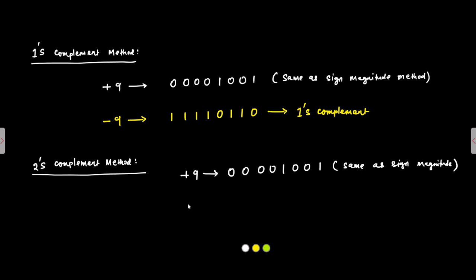Minus 9 is represented as 2s complement.